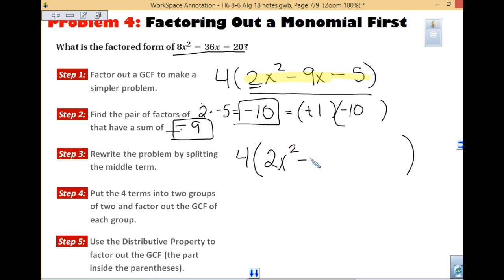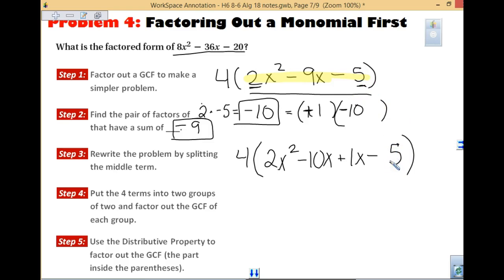Do you want minus 10 or do you want a positive 1? To add to negative 9, we said it has to be a positive 1 and negative 10. So you want to put the negative 10x plus 1x minus the 5.